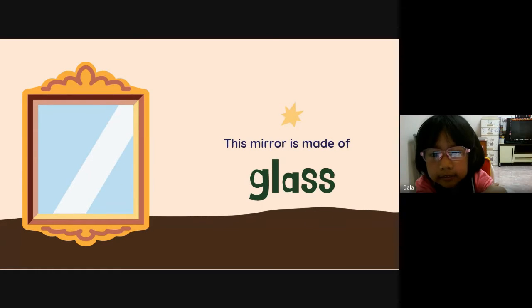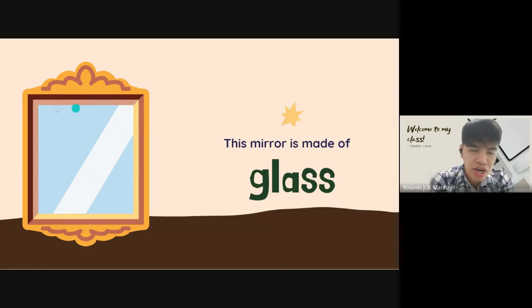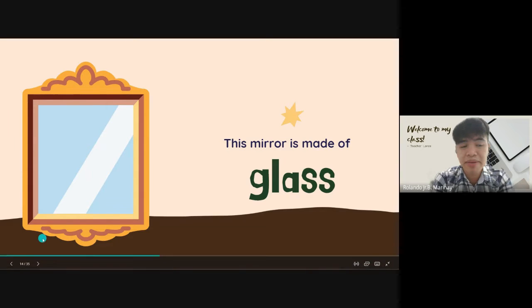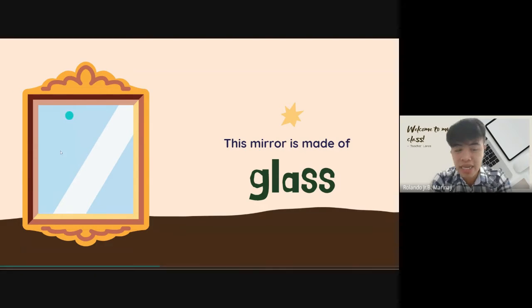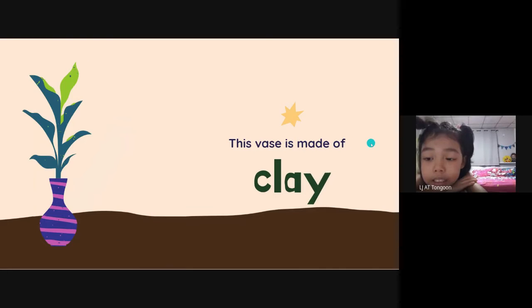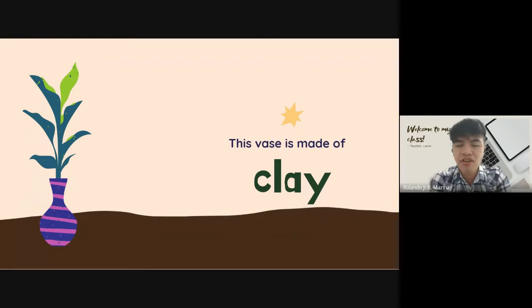The center part of the mirror is made of glass, because sometimes the frame is made of different materials, but the center part, which is the most important part, is made of glass. Next, the vase is made of, say, clay. Clay.